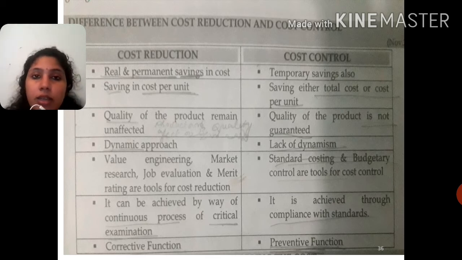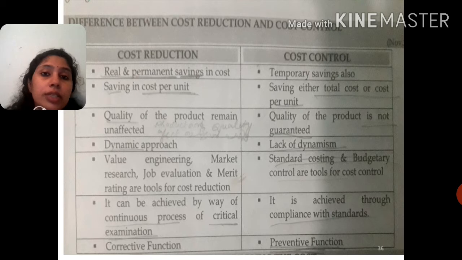Consider that same example. Last year the total cost of production was 10 lakh. This year the total cost of production is 8 lakh. So we controlled the cost in a different way.